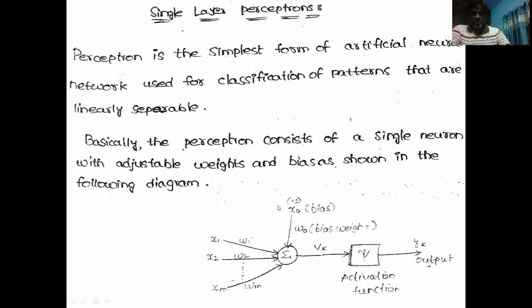If you look into the structure, this is the structure of the perceptron. The perceptron consists of a single neuron, some adjustable weights, and a weight bias. Because a neuron consists of a summation function and an activation function.